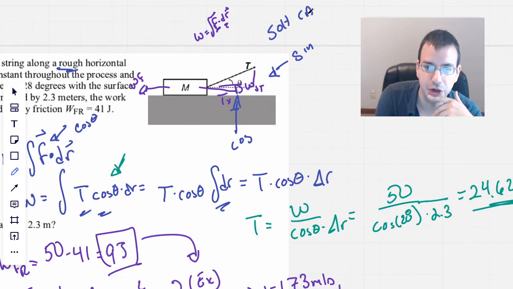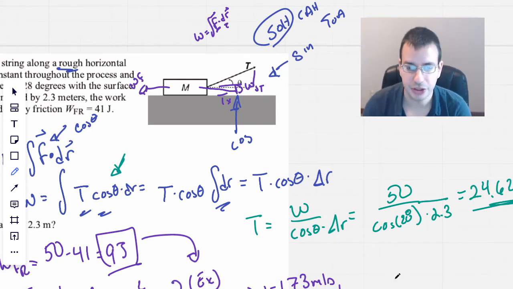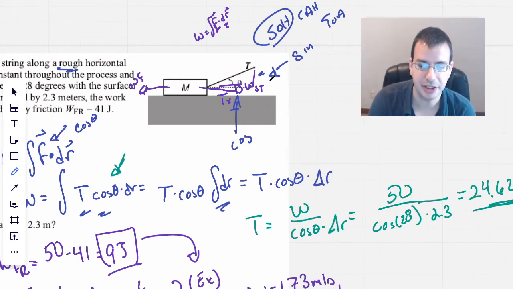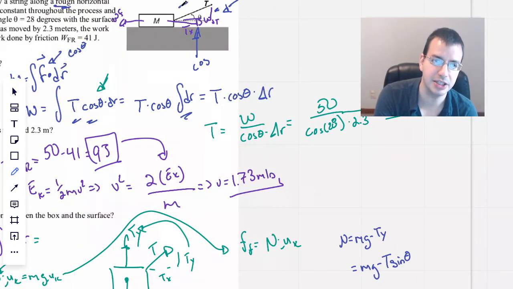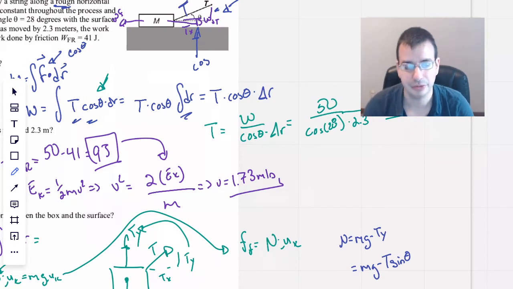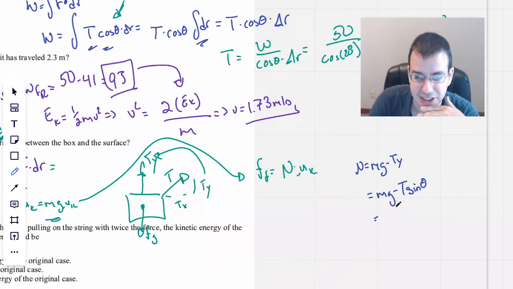If you're familiar with SOHCAHTOA, sine equals opposite over hypotenuse, and we're solving for the opposite. That gives us T sine theta, assuming that T is the hypotenuse. Okay, so that's how we get mg minus T sine theta.